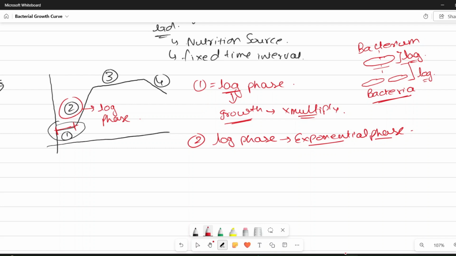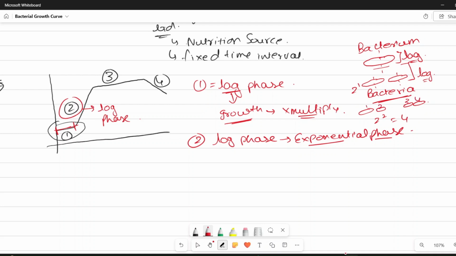Now, similarly, after the two bacteria have been generated, if they undergo binary fission, obviously there are going to be two more in the population, which means it was 2 to the power 1 and now it is 2 to the power 2. So 2 to the power 2 is equal to 4. So 1, 2, 3, and 4.